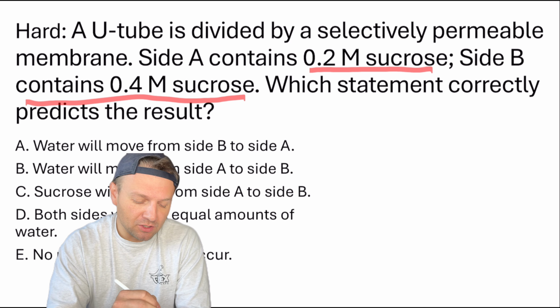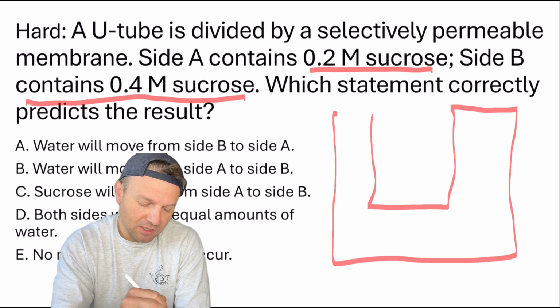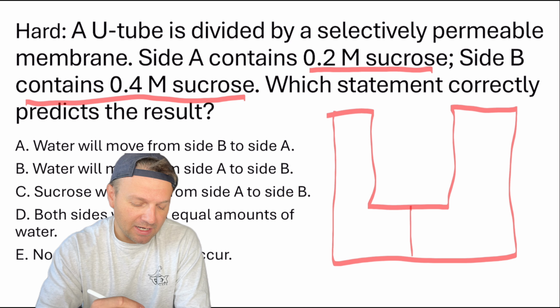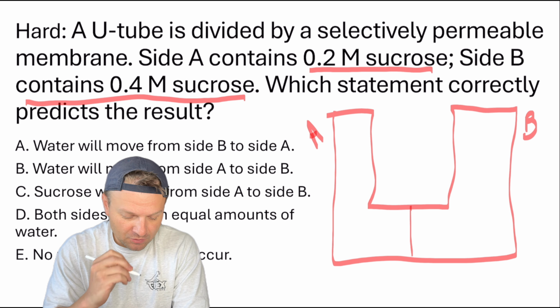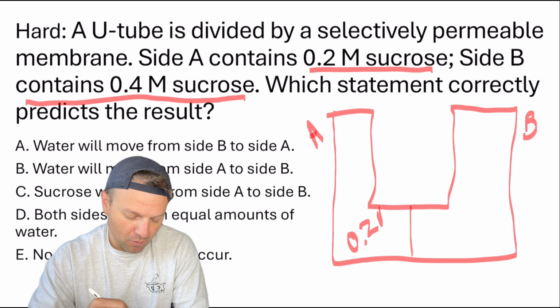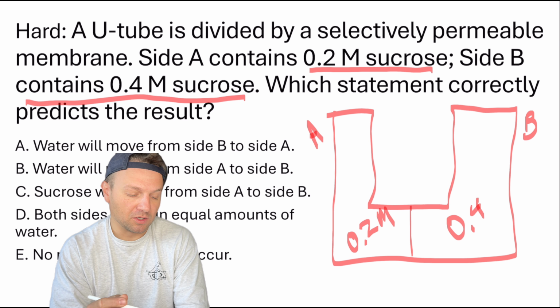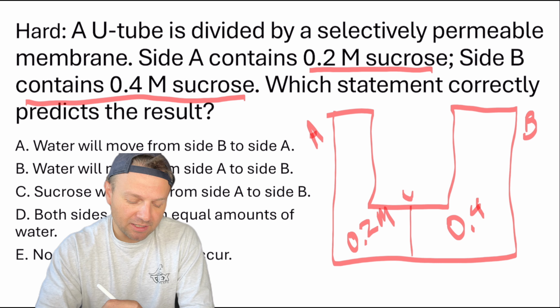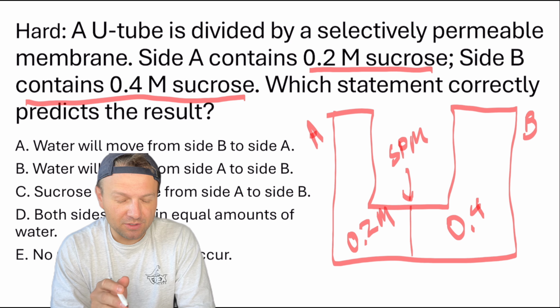So again, we have a U-tube. If we remember back to our AP style questions, here's our U-tube. Side A, let's make this one side A and this one side B. So side A is going to have a 0.2 molar solution and side B is going to have a 0.4 molar solution. So usually these selectively permeable membranes are going to allow water across but not the solute.